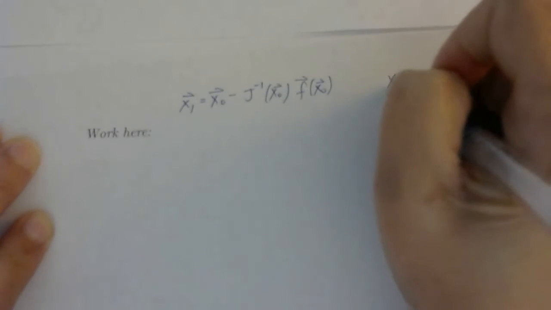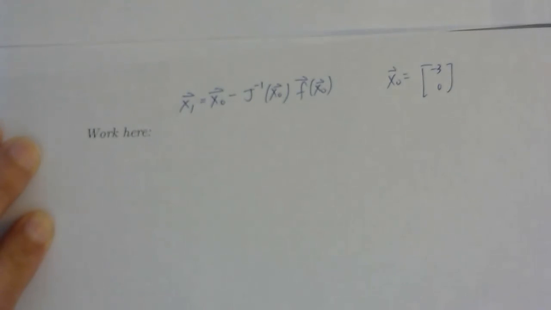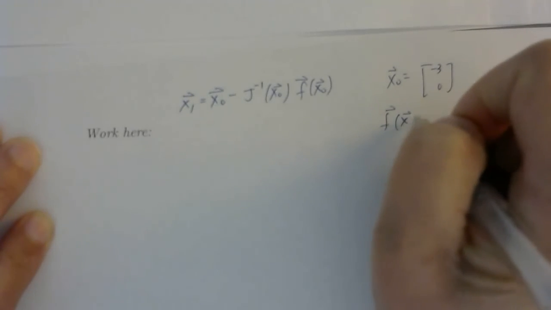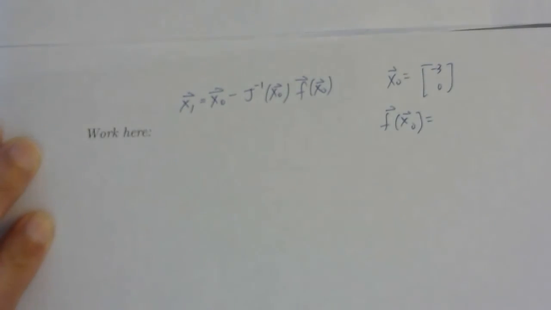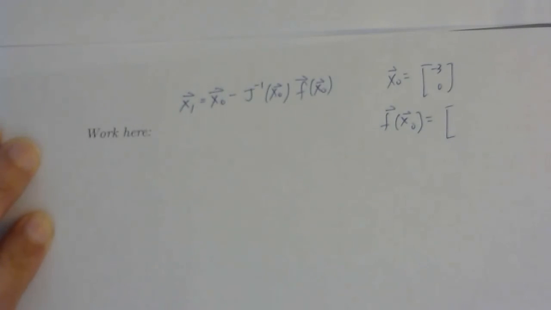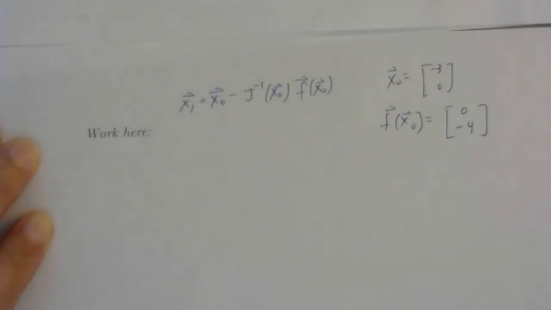So let's let x0 be -3 and 0. So f at x0 is what? I have -3 squared is 9. Oh, we actually did this in our previous case, right? So 9 plus 0 minus 9, so 0 and -4 is what we should have here.